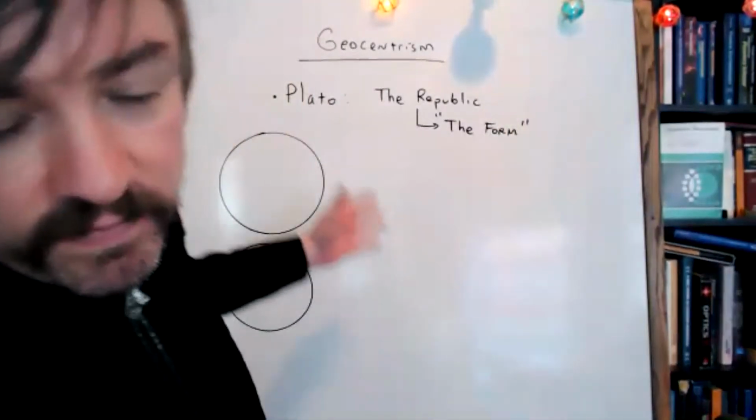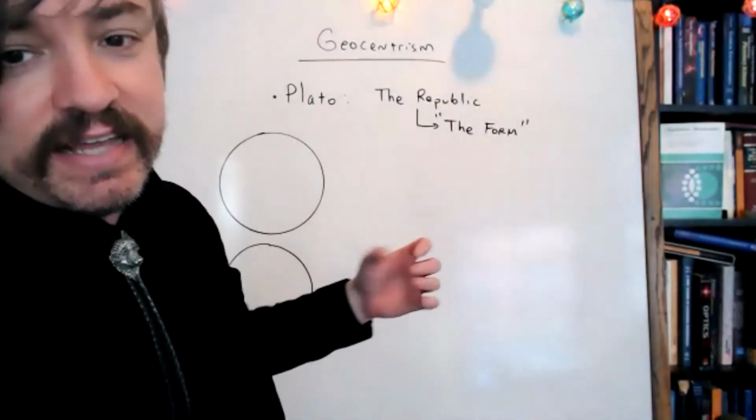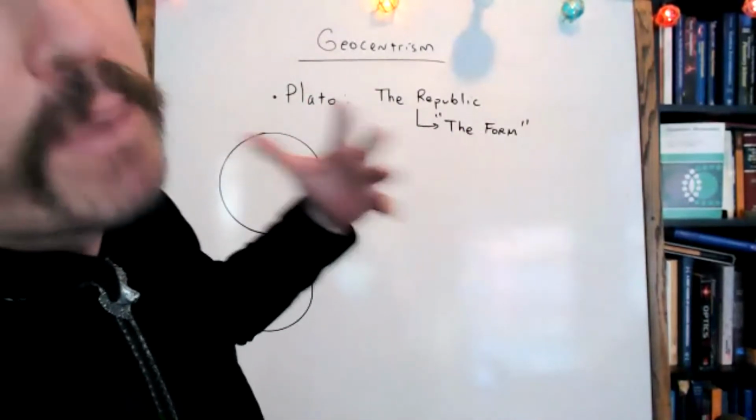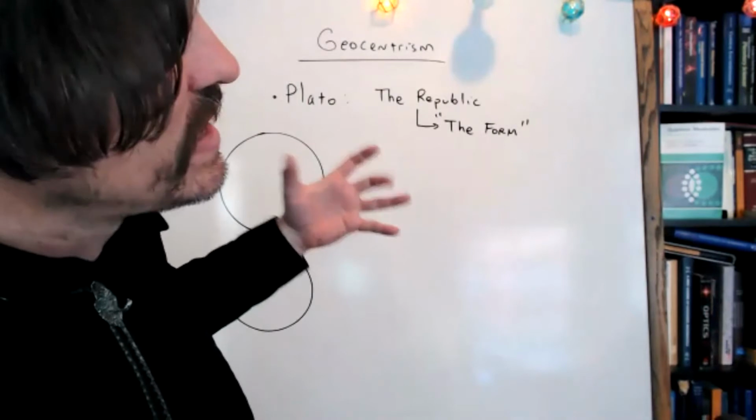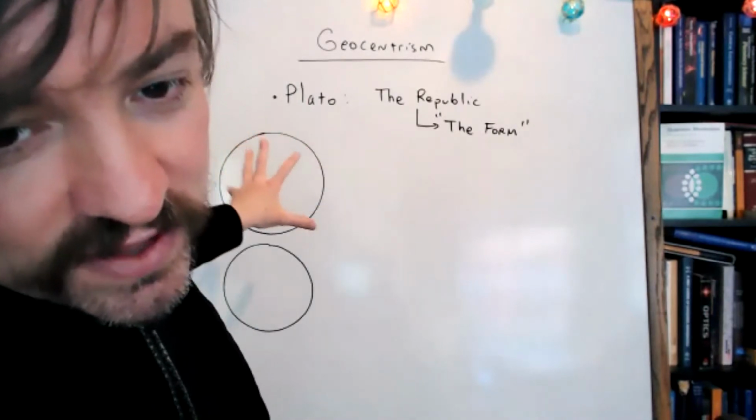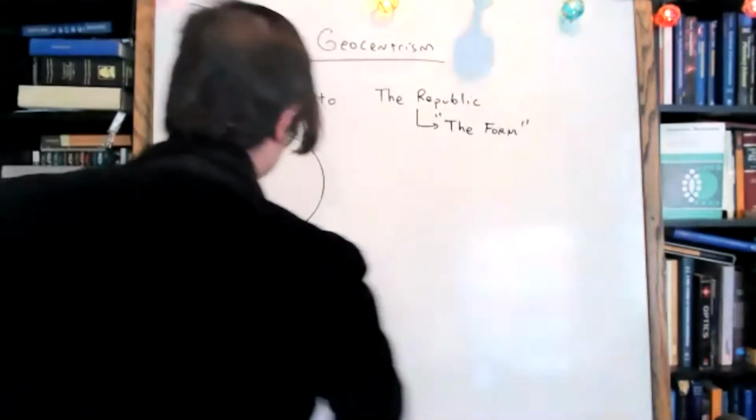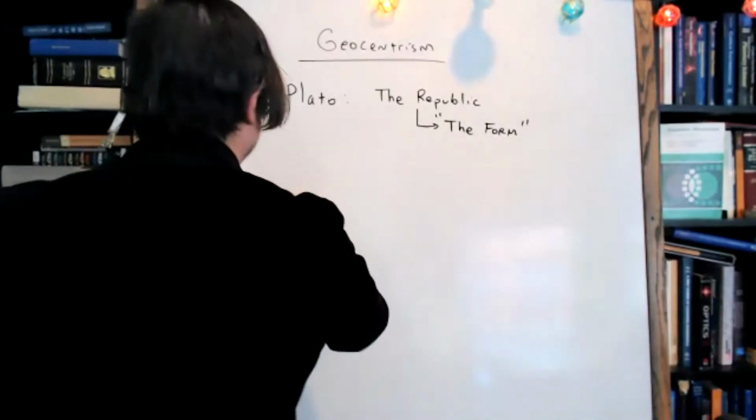But unfortunately, it led Plato to the idea that there were forms of things that were perfect and not like the kind of nasty real circles that we see on planet Earth. So let's take a couple of bullet points about this.